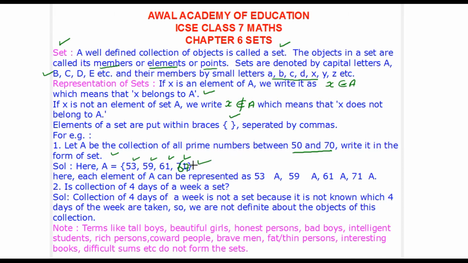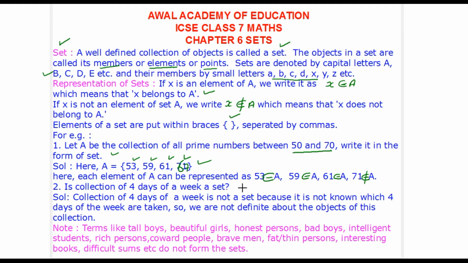A equals, within brace brackets, these elements of A. If we want to represent each element of A, we write 53 belongs to A with this symbol, 59 belongs to A, 61 belongs to A. But 71 is not there, here is 67. So it does not belong to A, so we write the symbol and cut it. This means 71 does not belong to A.